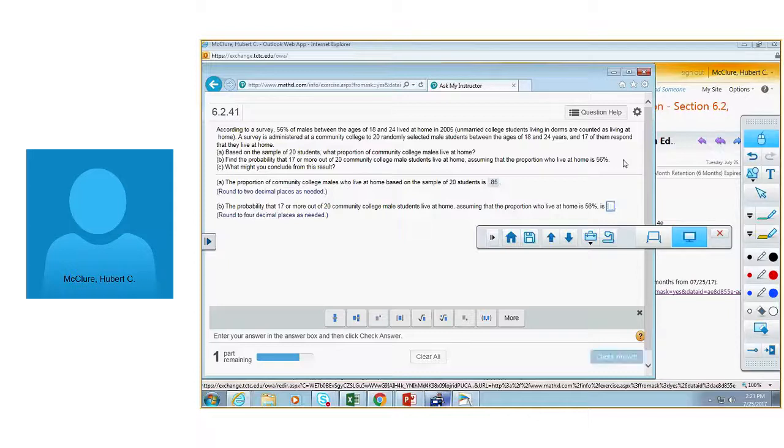And give me 4 decimal places. Just those: 17, 18, 19, and 20.